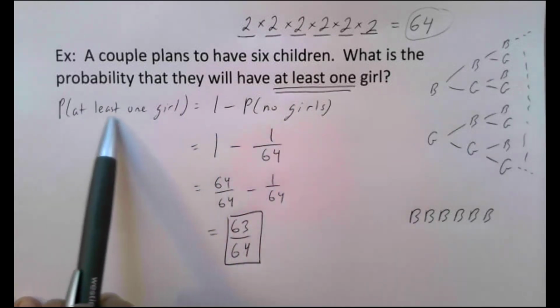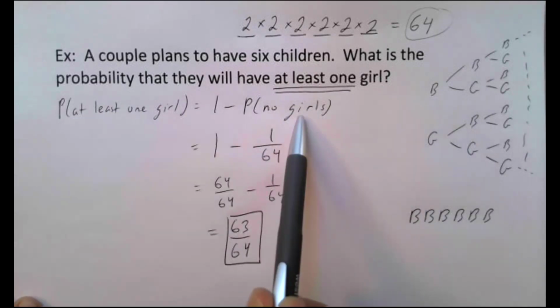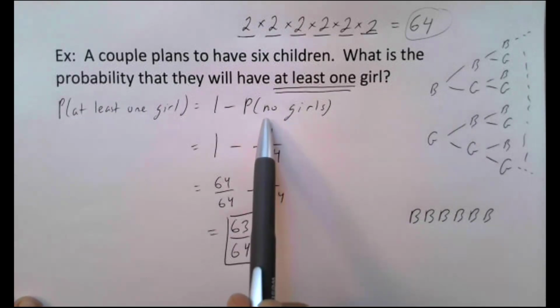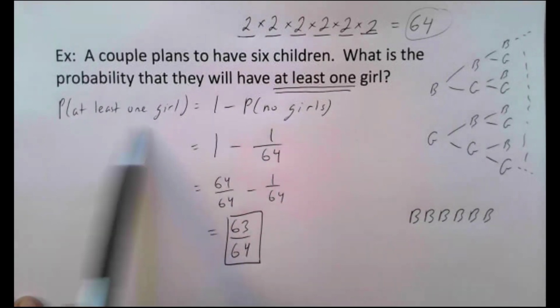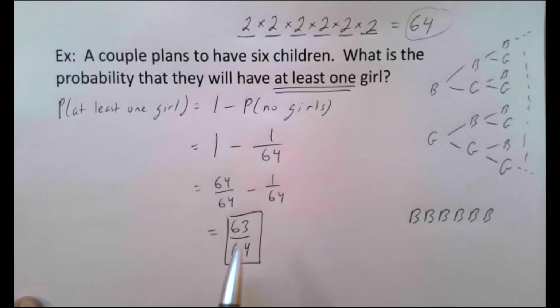Because the opposite of something happening at least one time would be that it doesn't happen at all. And a lot of times, this thing of it not happening at all is easier to figure out than what we're really looking for. So if I could figure that out and then subtract it from one, I end up with what we're really looking for anyway, just in a roundabout way.